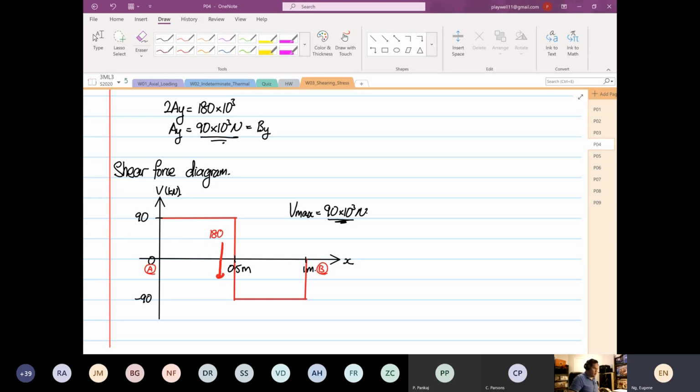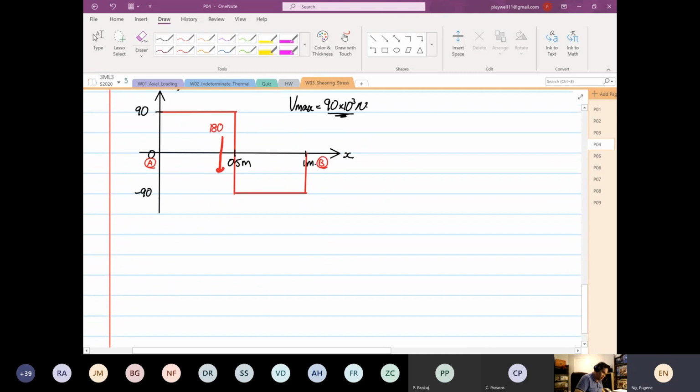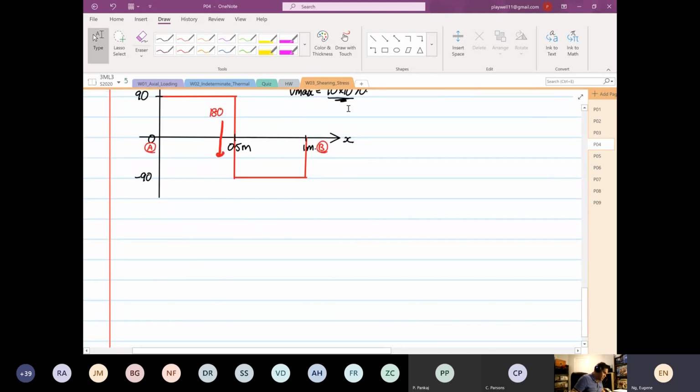So then we look into our bending moment diagram, right? I'm going to introduce the bending moment diagram. Don't worry, some of you may not have seen this before, but I'm just going to introduce what you will see in the near future.